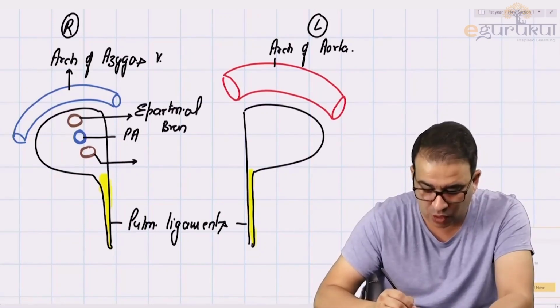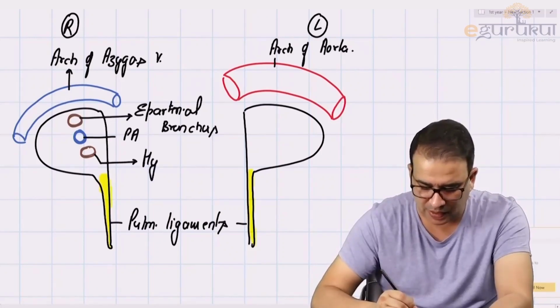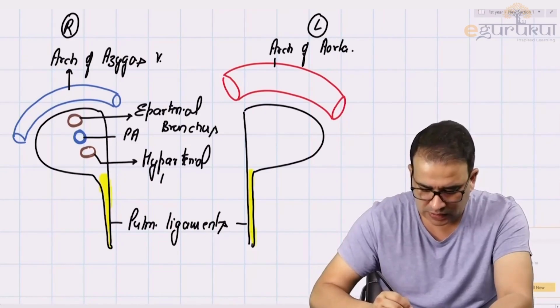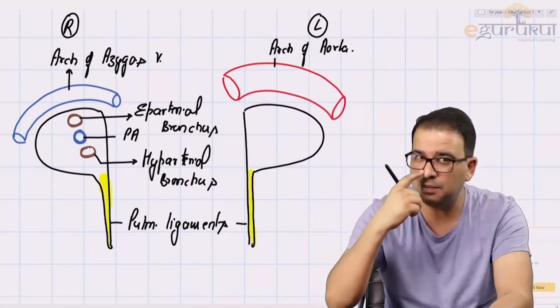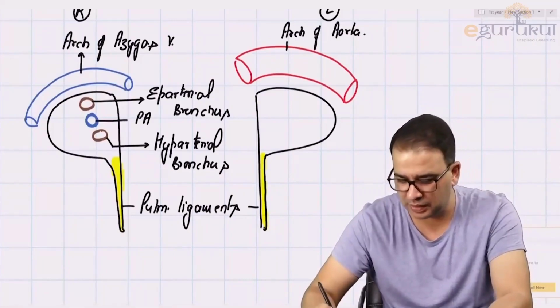And mind it, it's bronchus, not bronchiole. Below the pulmonary artery, it is the hyparterial bronchus. So it's eparterial and hyparterial bronchus, above and below the pulmonary artery.